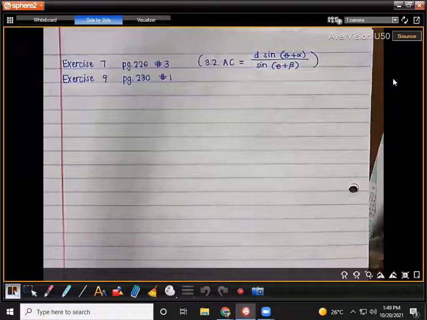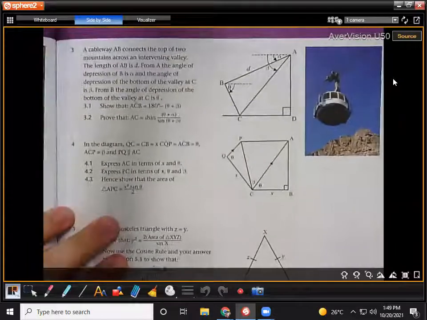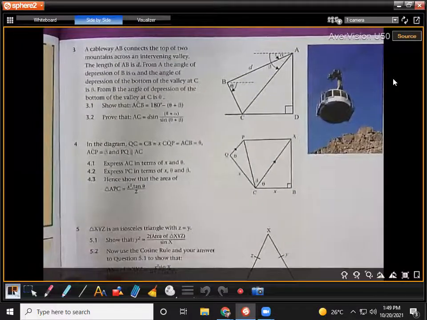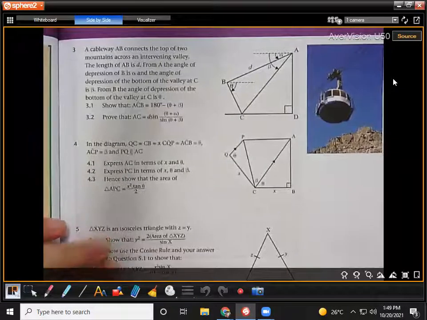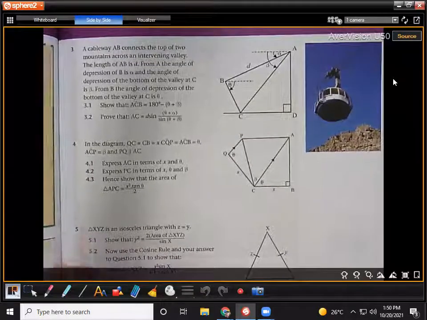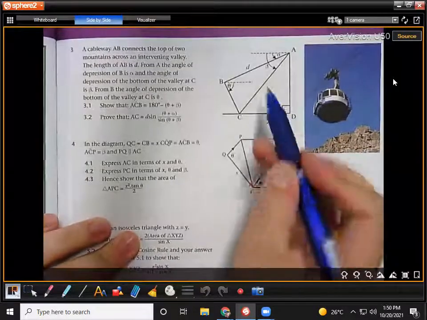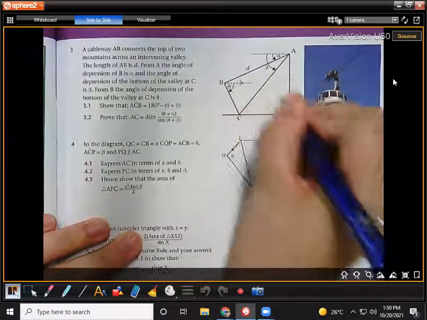Should I put it on the board for you? Number 3. All right, look at that, guys. That's number 3. I just want to give you a hint here because we haven't worked with angles of elevation and depression in a while. Here, they don't even have to say it in a sense, but these are all parallel.